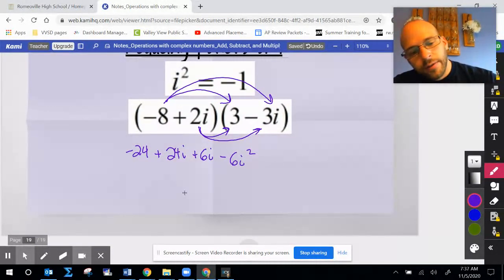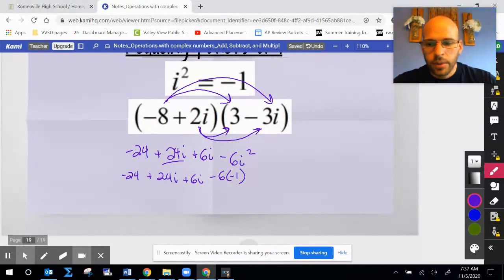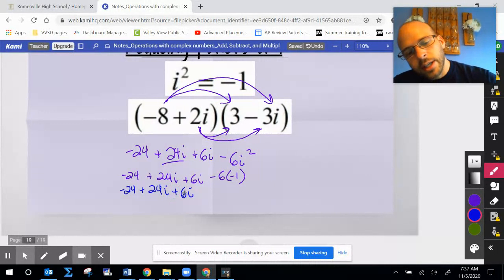So I have a negative 24 plus 24i plus 6i, and then minus 6. Instead of an i squared, I'm going to put a negative 1. So I have a negative 24 plus 24i plus 6i plus 6.